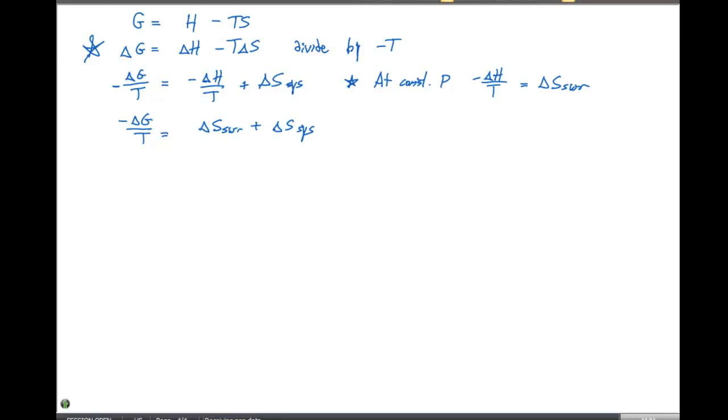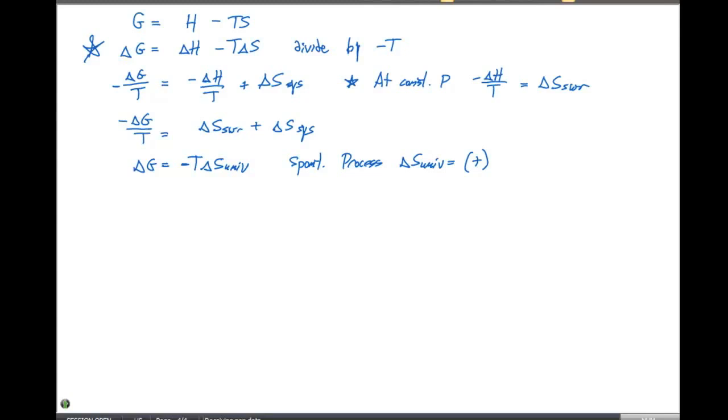Remember that we define the delta S of the universe to be the delta S of the surroundings plus the delta S of the system. So we can say, by manipulating these around, that our delta G is going to equal the delta S of the universe times minus T. Now we can come back to the second law of thermodynamics that says if we have a spontaneous process, our delta S of the universe is going to be positive.